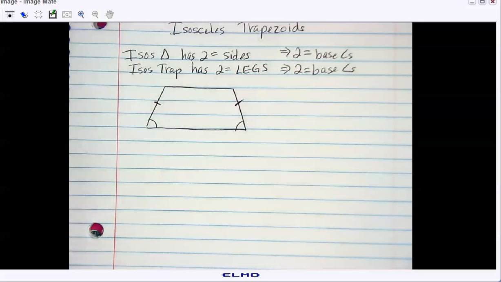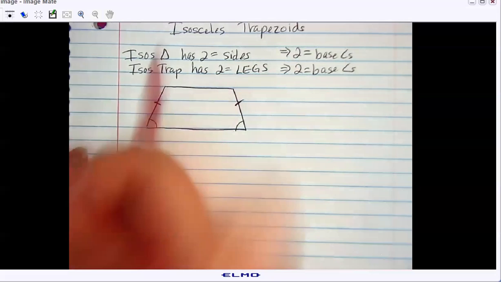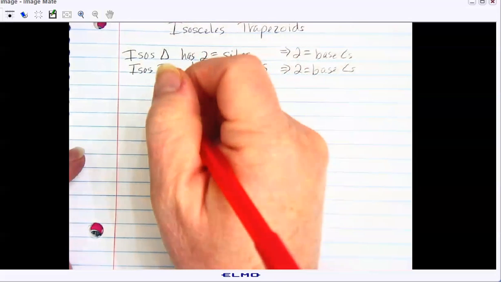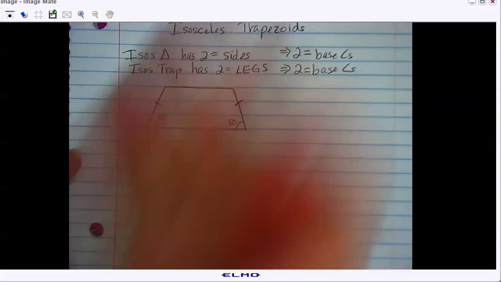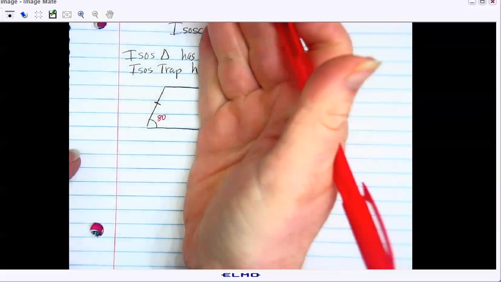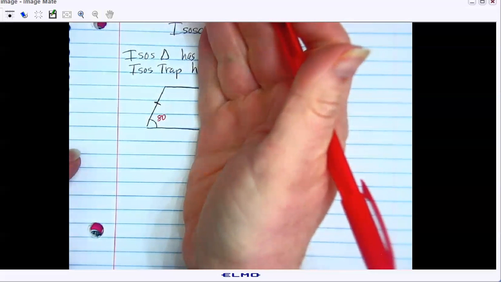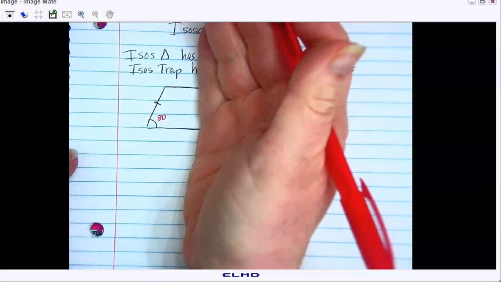Let's find out. If I tell you that these base angles, let's say, are 80, what would that top angle be? It's a trapezoid. They have to add up to be what? 180. So what does that make that top angle then? 100.